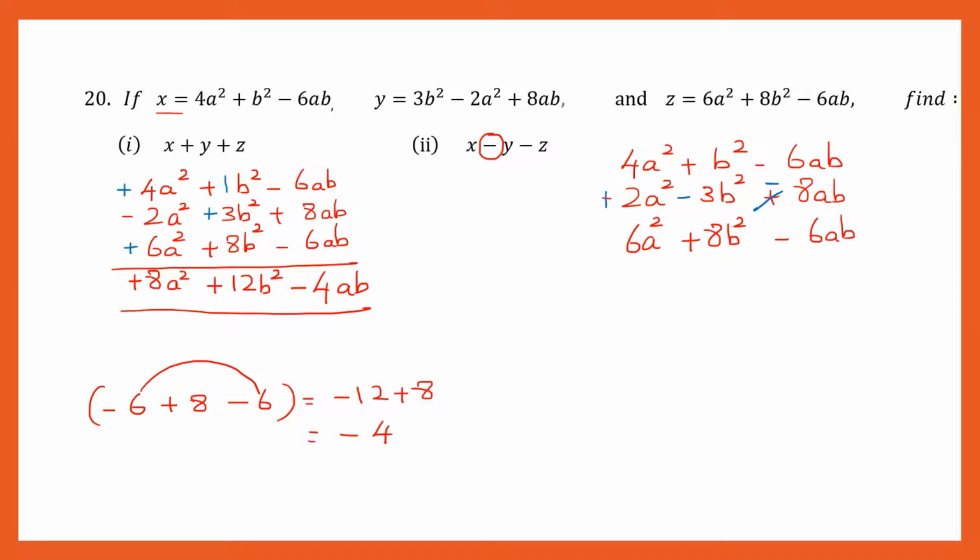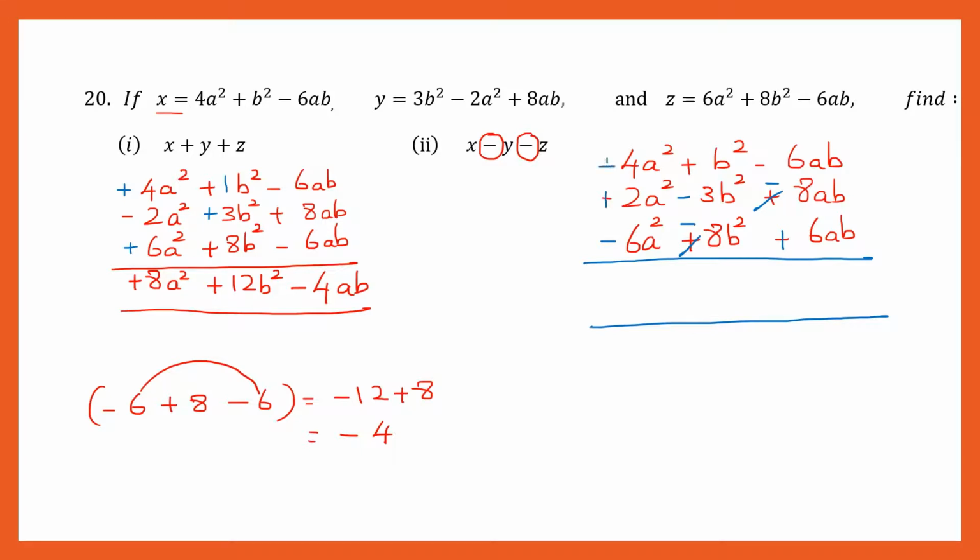Here also it says minus z. So all signs will change. So plus 6 will now become minus 6a square. This will change to minus and this will change to plus. You need to be very careful with the signs. Now let's take only a square, only the numerical coefficient.